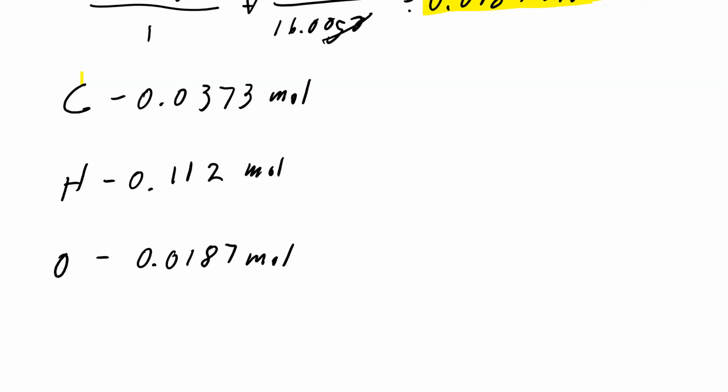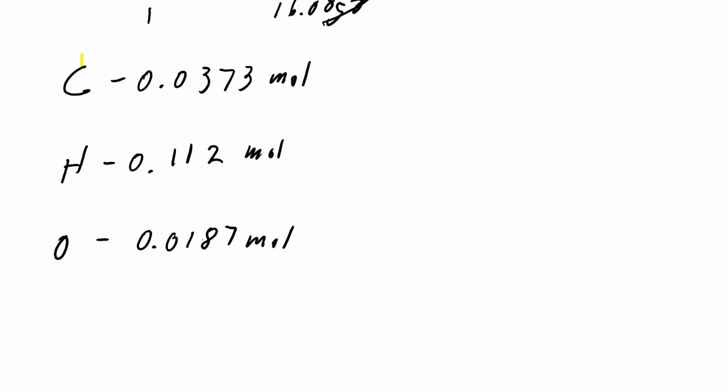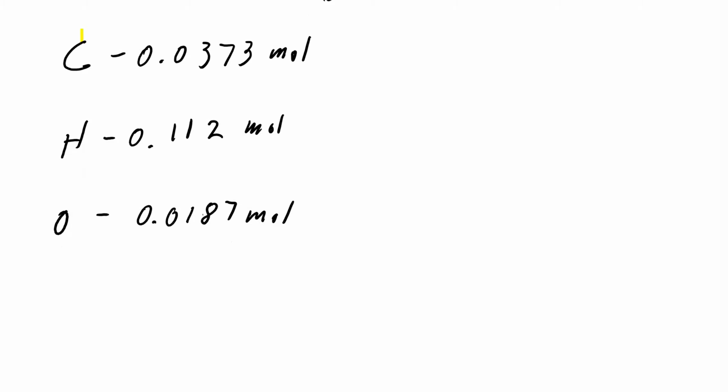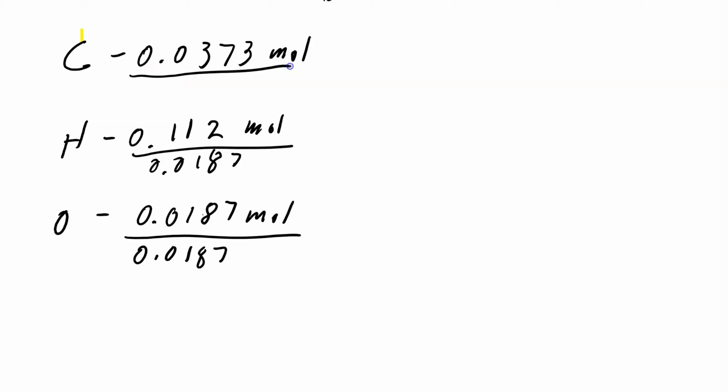So how do we do this? We again look at the number of moles and find the smallest number of moles that we have, and that falls to oxygen. We have the smallest number of moles of oxygen, so we're going to divide all 3 of these by that number, 0.0187.